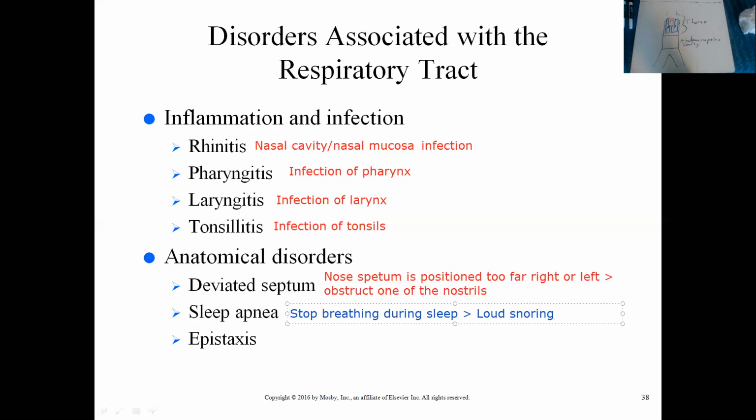So if someone snores loudly in your house, possibly you might need to get that checked out, because it could indicate an underlying, more serious respiratory problem. And last, for the upper tract, epistaxis. That's the fancy name for a nosebleed, epistaxis. These are major problems with the upper respiratory tract.